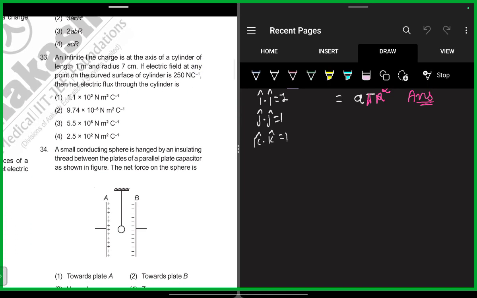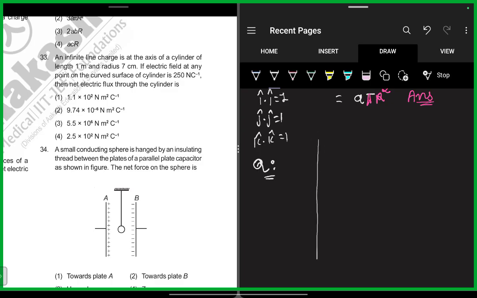Now let's do the 33rd question. An infinite line charge is at the axis of a cylinder of length 1 meter and radius 7 centimeter.